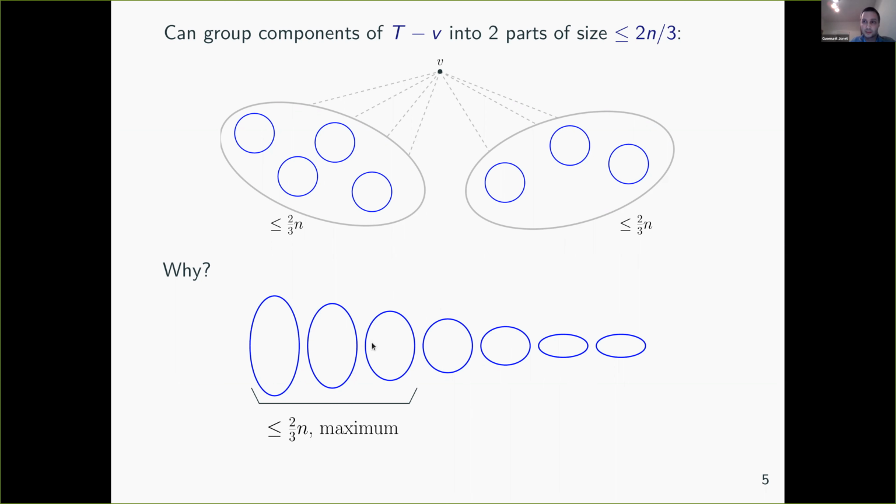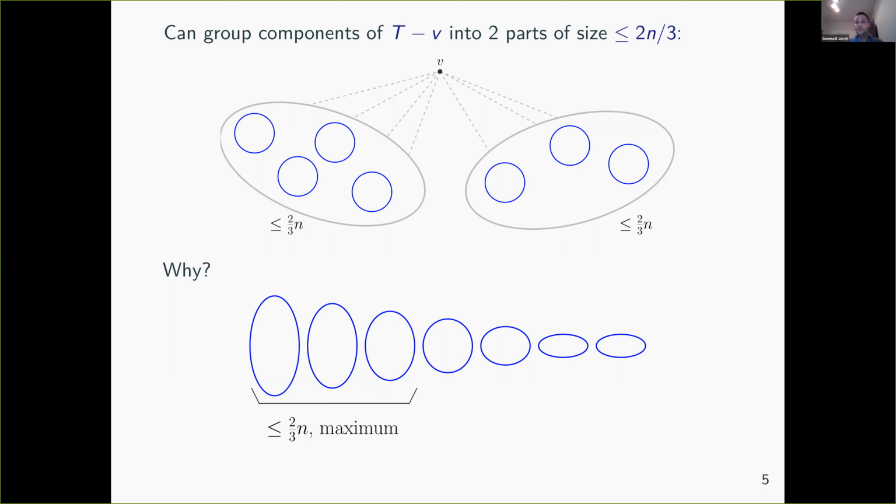We took at least 1/3 n. If it's of size less than 1/3 n, then why didn't we put it on the left? It's because we already have 1/3 n on the left. So in both cases, we have at least 1/3 n on the left.